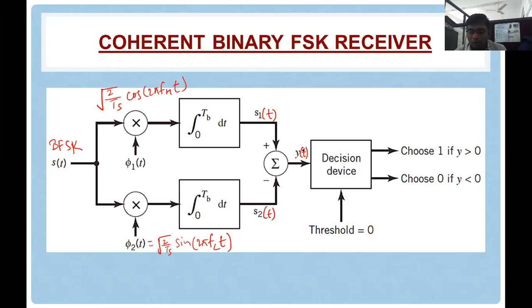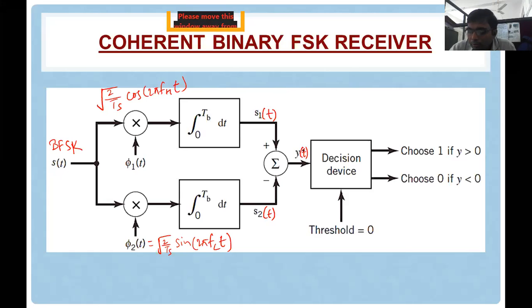So what is actually going on in this coherent binary FSK receiver? There are two correlators for the two frequencies of the FSK signals, because we know that in FSK we vary the frequency according to the binary symbols.